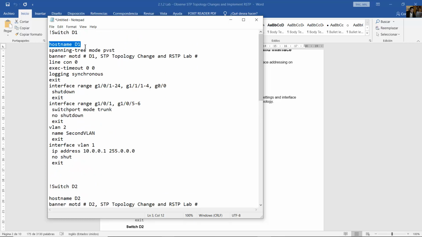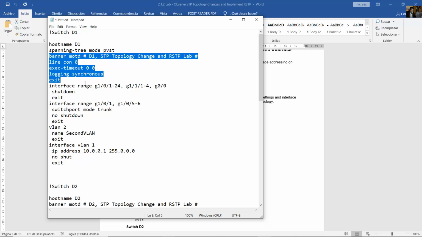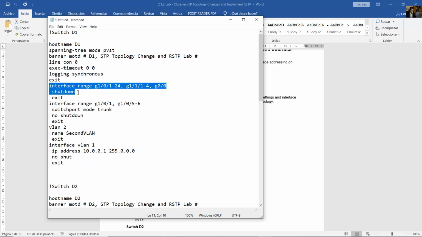Okay, hostname, the mode per VLAN spanning tree, banner, line console, shut down all interfaces.